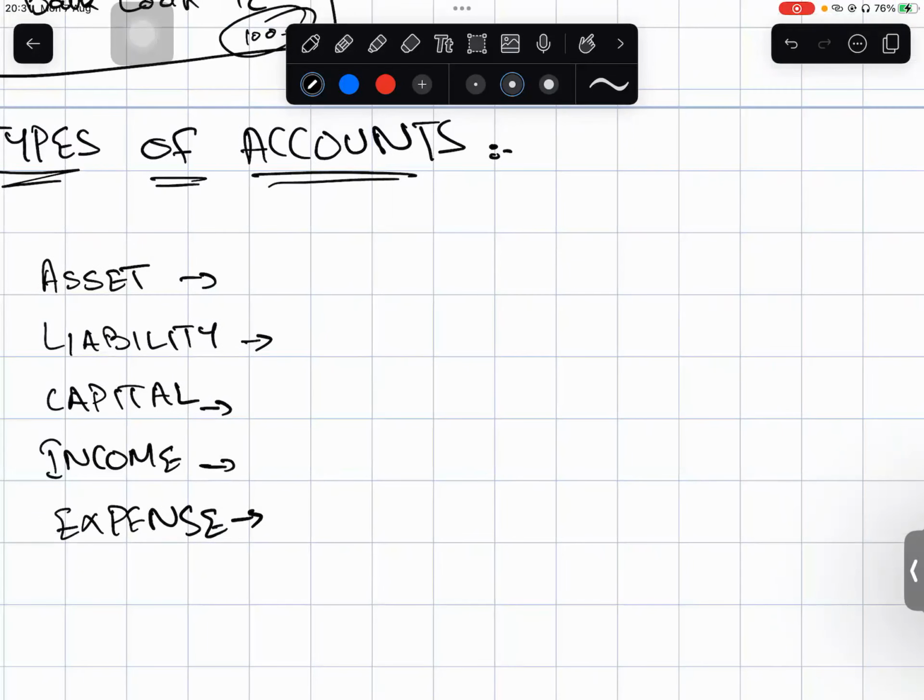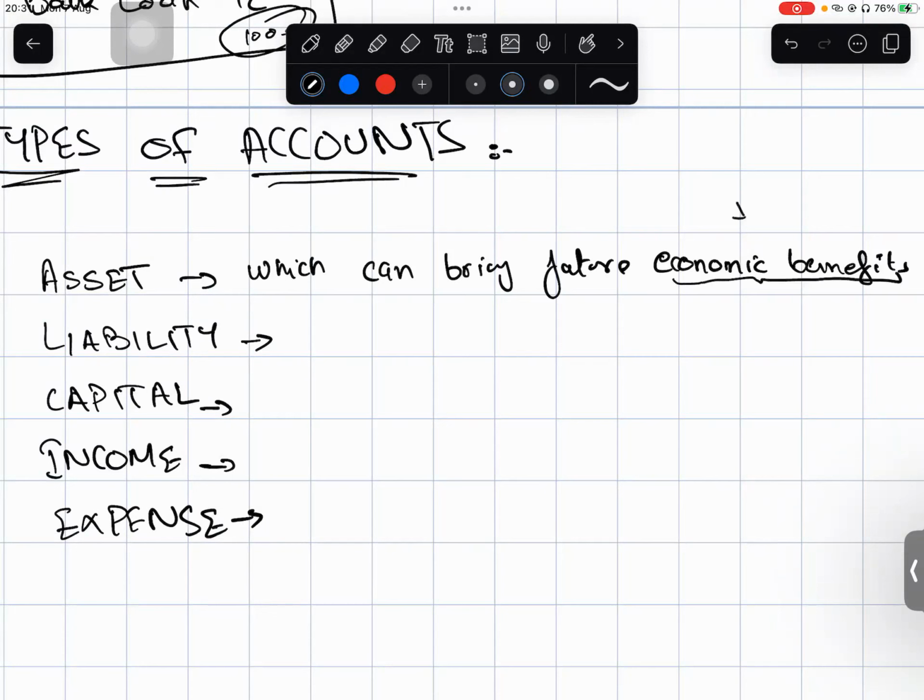But more importantly, which can bring future economic benefits. It's pretty simple. Assets are those things which are going to bring the company future economic benefits. That means future income, right? Economic benefits, in layman terms, you can call that income, right?